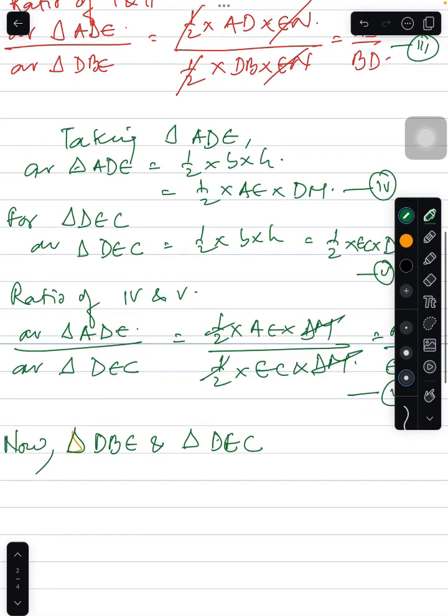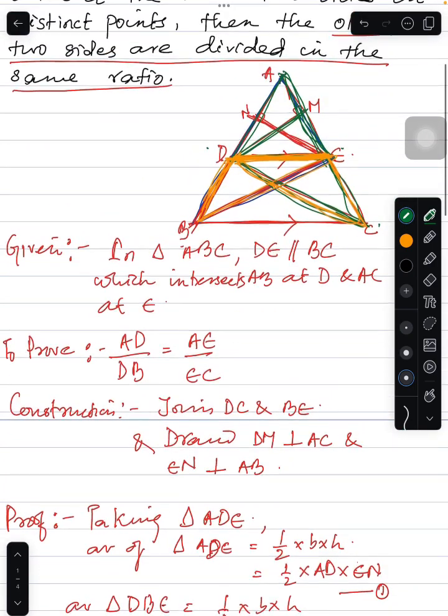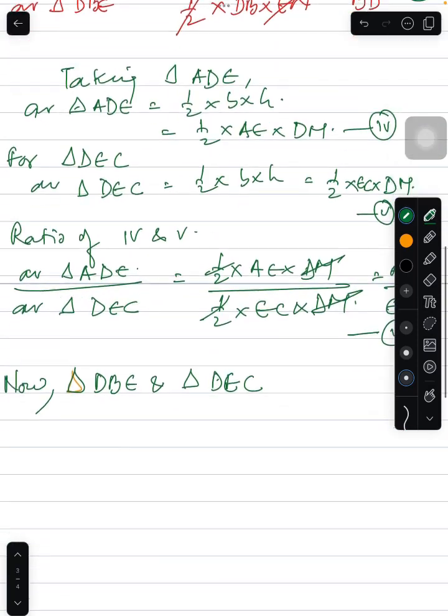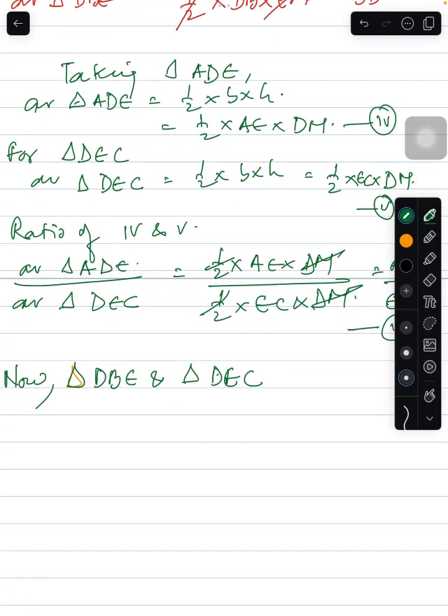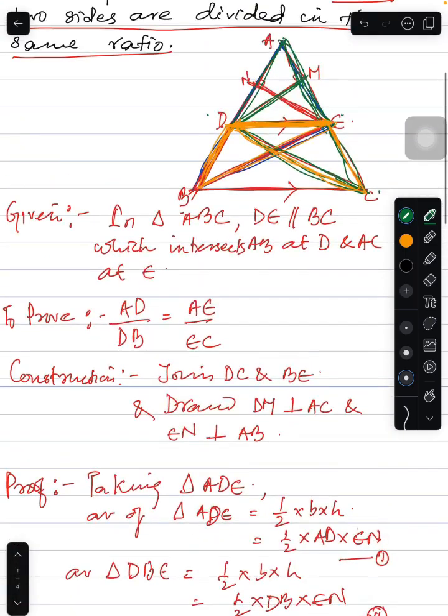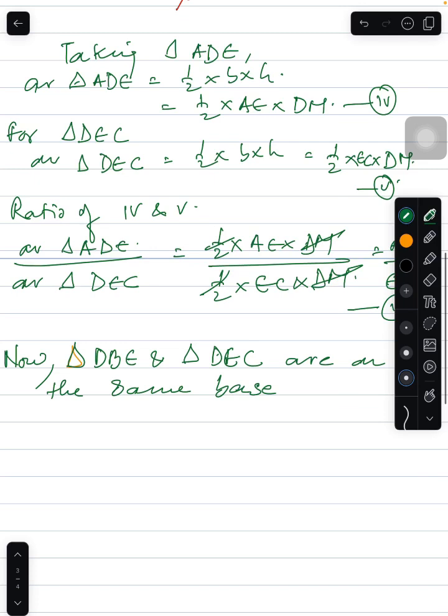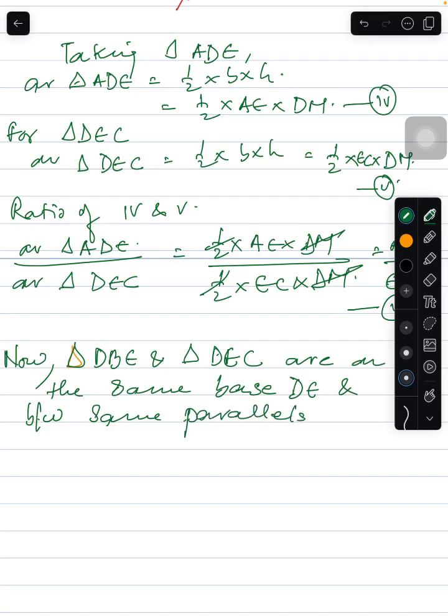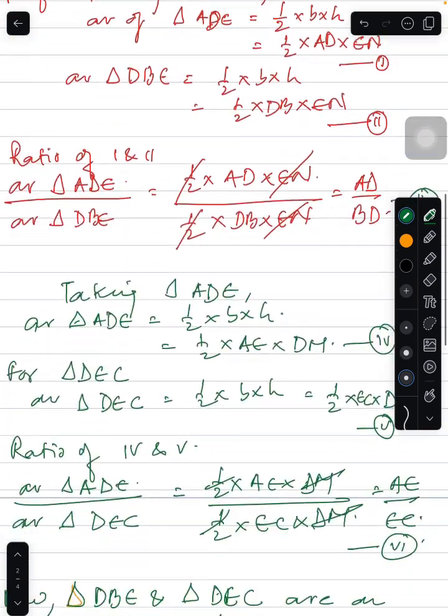DBE and DEC. They are on the same base DE and between the same parallels DE and BC.